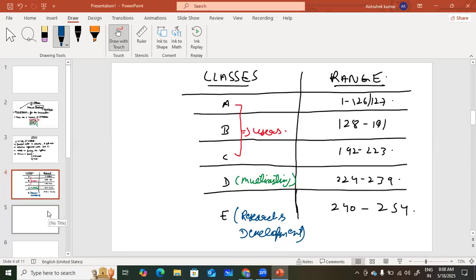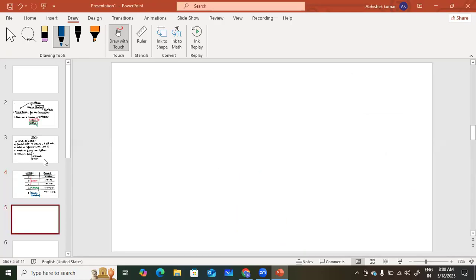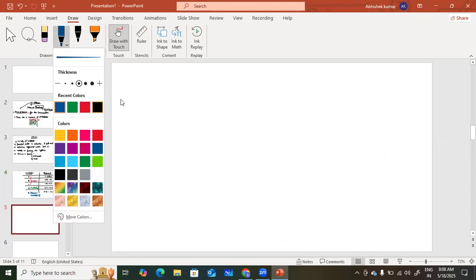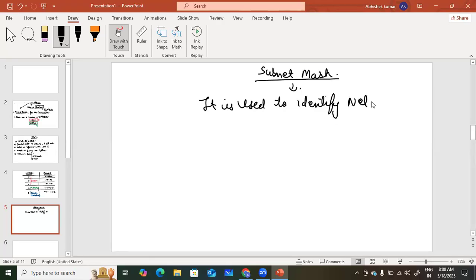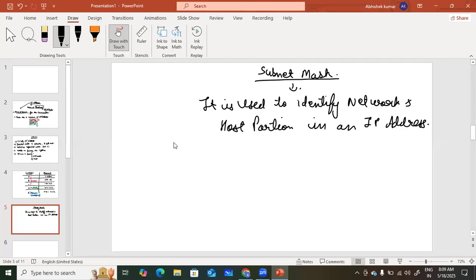Now, each and every class has a subnet mask, and why do we use a subnet mask? The subnet mask is used to identify the network and host portion in an IP address.